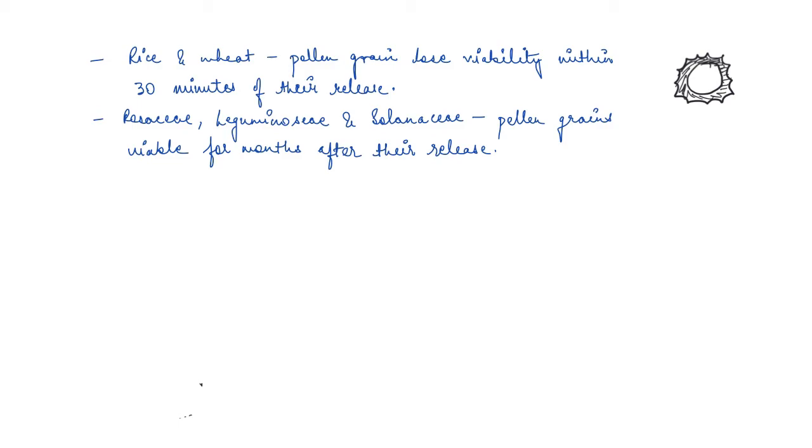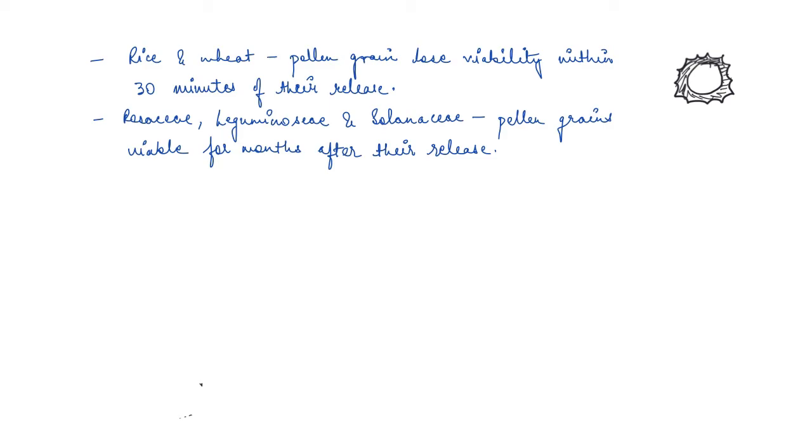So here we finish the microsporogenesis and the pollen grain. Now in the next video we'll see the female reproductive part, which is the pistil. Then we'll see what is the megasporangium and what exactly is the embryo sac which contains the egg.